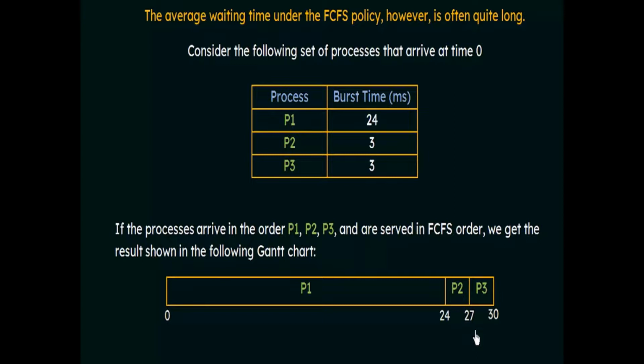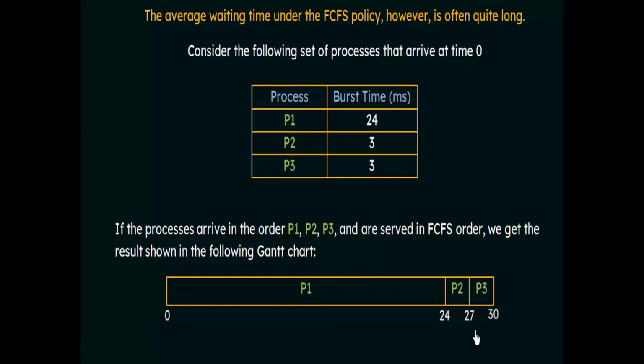Here burst time is the execution time. For example, P1 executes for 24 units of time. Similarly, the burst time of P2 is 3 units and the burst time of P3 is 3 units again.